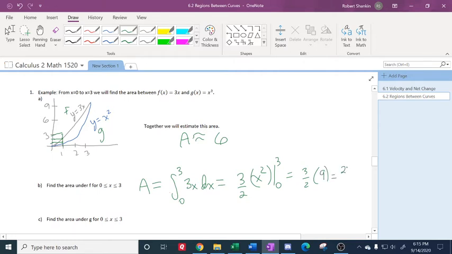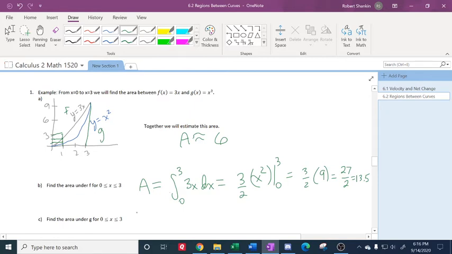So I get 27 halves, which is 13.5. Okay, so 13.5 square units is a lot bigger than 6, because 6 was just the area between the curves. 13.5 is the area underneath F, all the area underneath it. So it's that whole triangle.